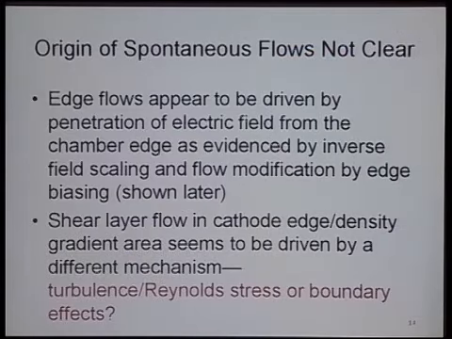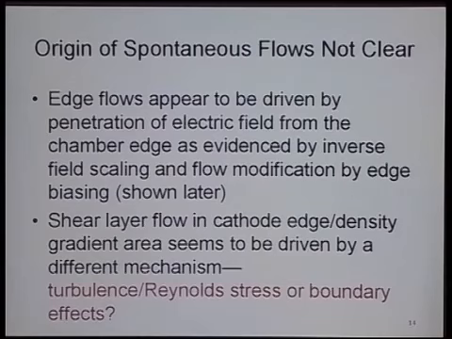So as I stated, the origin of the spontaneous flows is not clear. The edge flows appear to be driven by penetration of the electric field from the chamber, as evidenced by the inverse field scaling. As I mentioned, E cross B flow, it is reasonable to think that it would scale inversely with the magnetic field. And later I'll show a technique we use in edge biasing, which also supports this idea that it's electric field penetrating from the chamber, creating these flows on the edge.